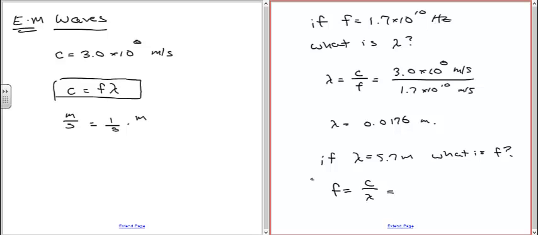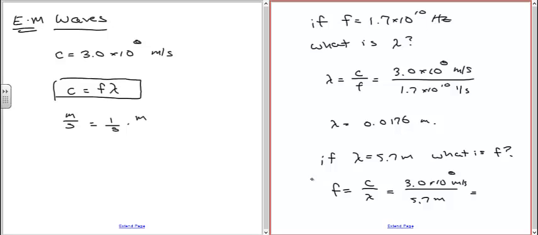So that's 3 times 10 to the 8th divided by 5.7 meters. And actually up here, frequency is not meters per second. It's cycles per second. And again, cycles don't have units. So you get 3e8 divided by 5.7.